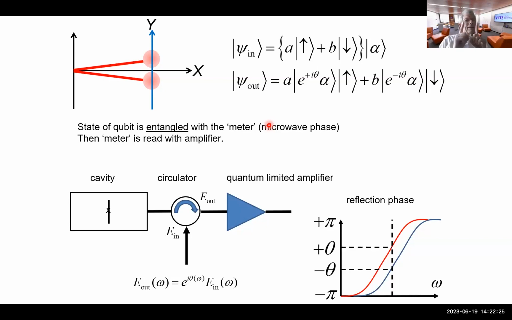And the way you do that is you take 2 pump drives that are both off resonance with the cavity, one below the cavity, one above the cavity, and you pump that transmon with them. And the transmon is a nonlinear element that kind of rectifies that signal and takes 2 of these pump photons and turns them into 1 photon at their sum frequency, which is, let's say, twice the resonator frequency.